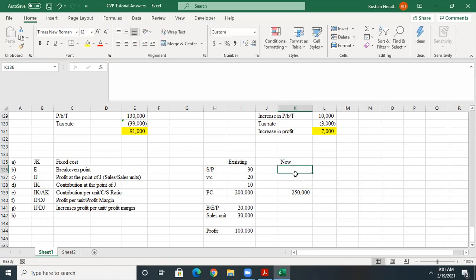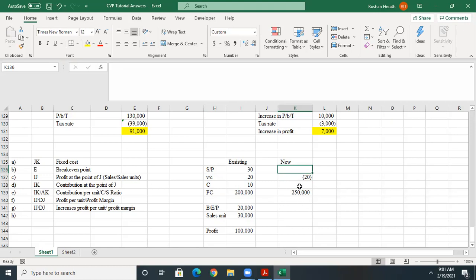Variable cost would remain the same, no change, but contribution per unit changes. In order to retain the same break-even point, your sales price has to be increased.